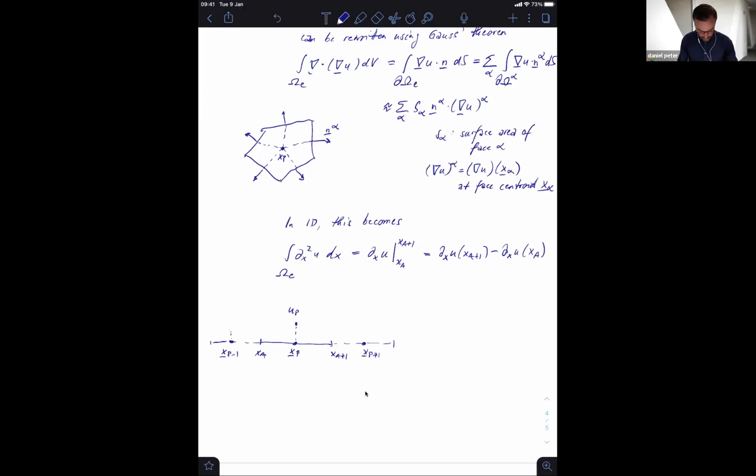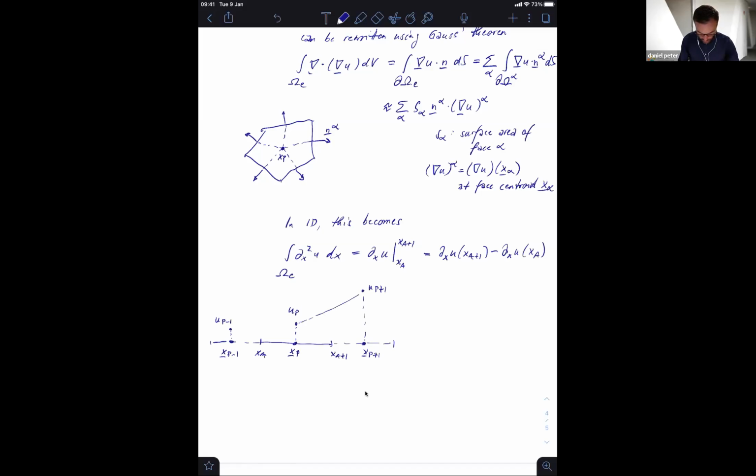They have their associated values, up minus 1, and this one has value up plus 1. So we use this central difference approach.